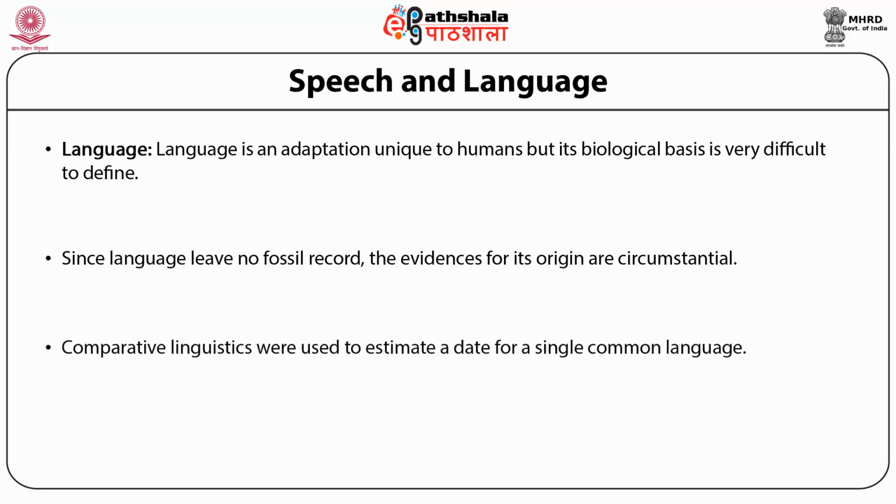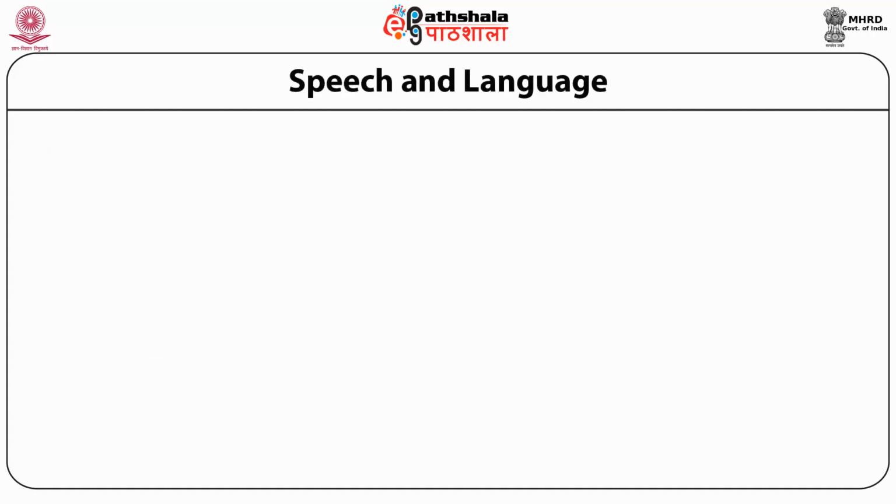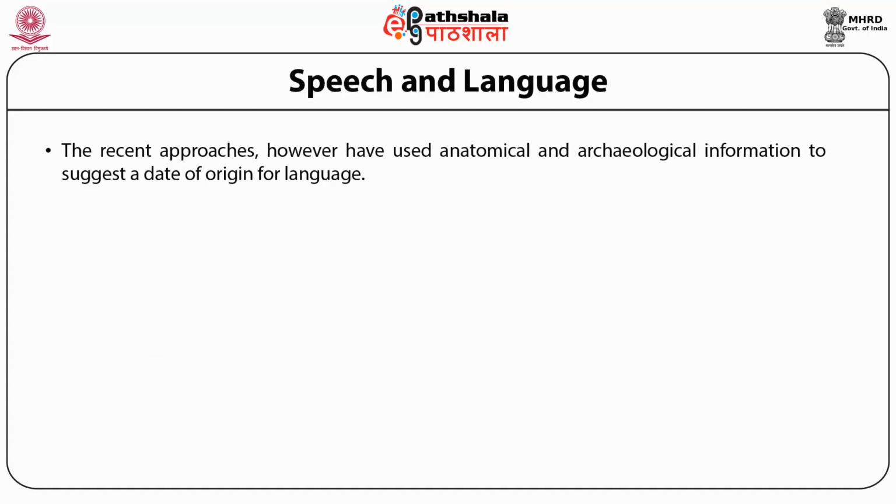Comparative linguistics was used to estimate a date for a single common language. The recent approaches, however, have used anatomical and archaeological information to suggest a date of origin for language. Anthropologists differ in the exact time of origin of language.